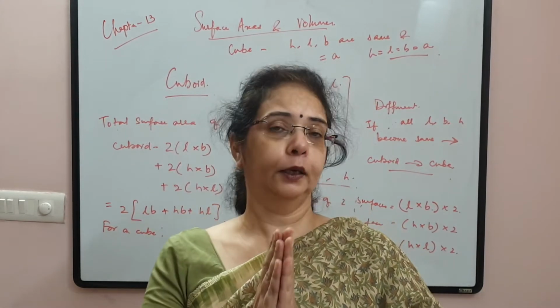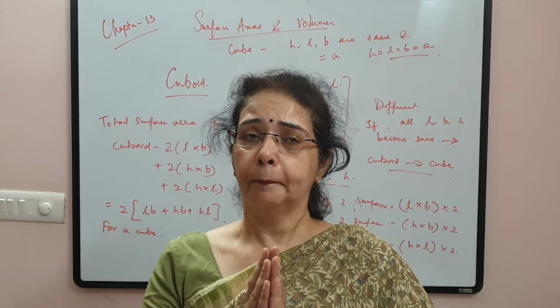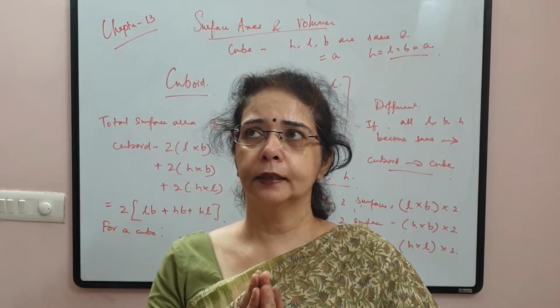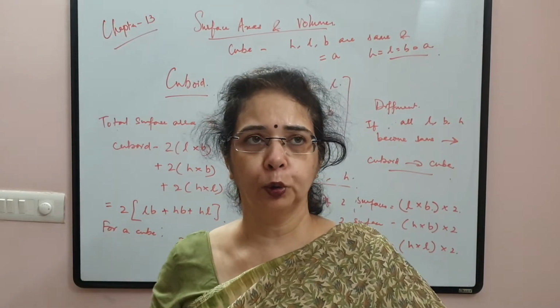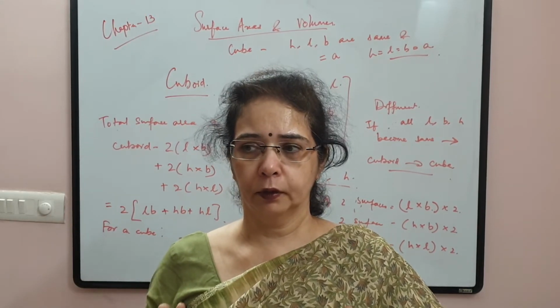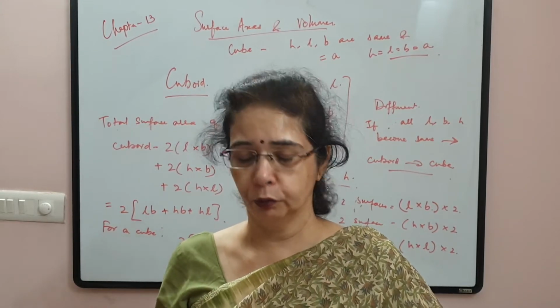Now I would also like to explain to you, because most of your questions are based on things like a room where there's a ceiling, there's a floor, there are walls. So I want to first explain, so that when you're doing the question you do not get confused.